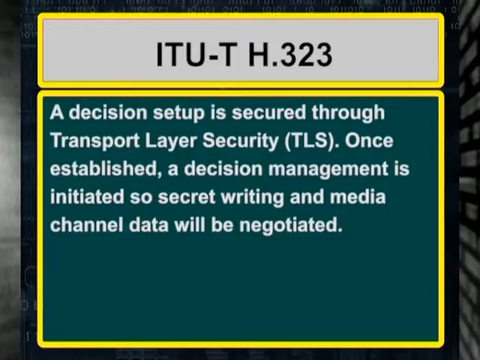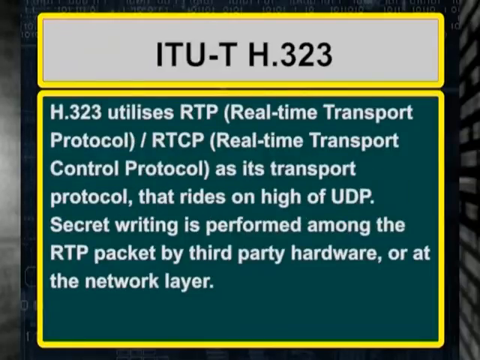Once established, call control is initiated, so encryption and media channel data can be negotiated. H.323 utilizes RTP, the Real-Time Transport Protocol, or RTCP, the Real-Time Transport Control Protocol, as its transport protocol, which rides on top of UDP. Encryption is performed within the RTP packet by third-party hardware or at the network layer.